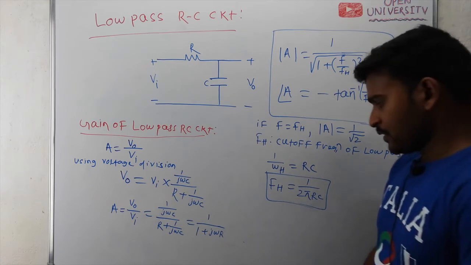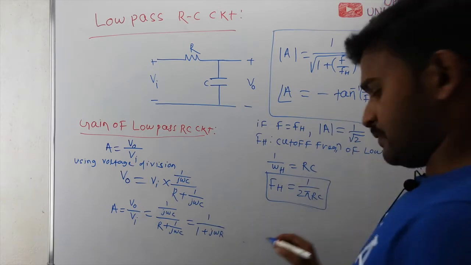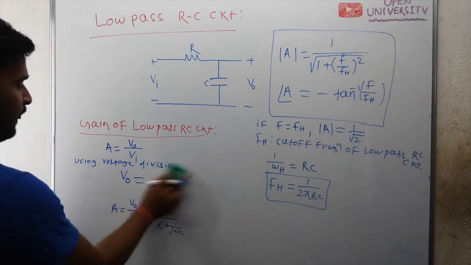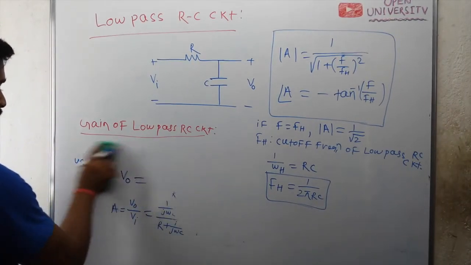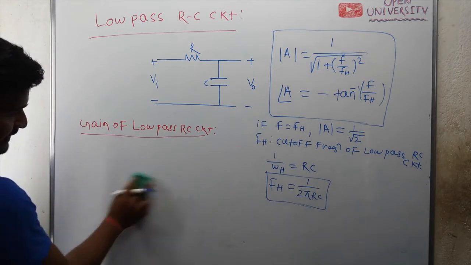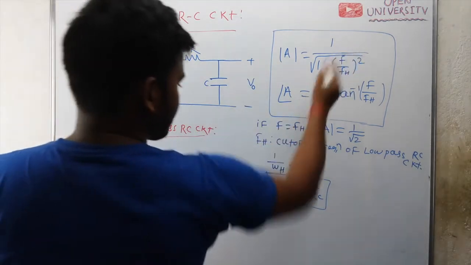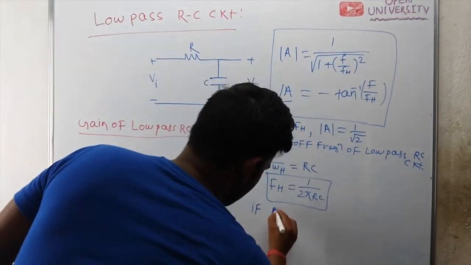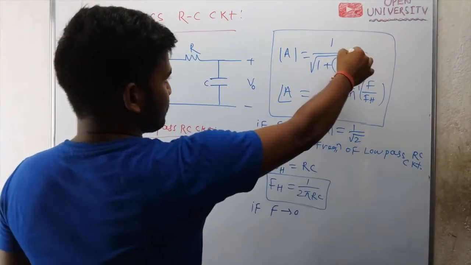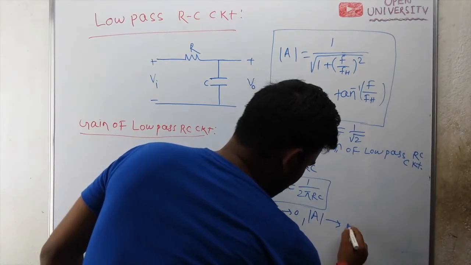See, if frequency tends to 0, then this term will be 0, then magnitude of gain will tend to 1.